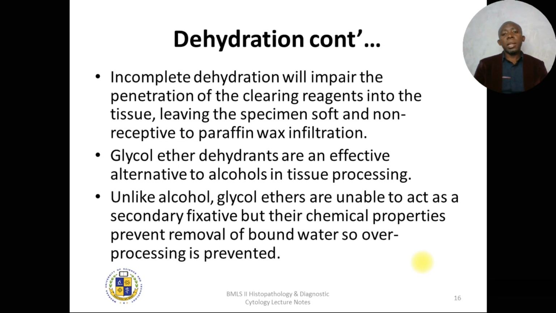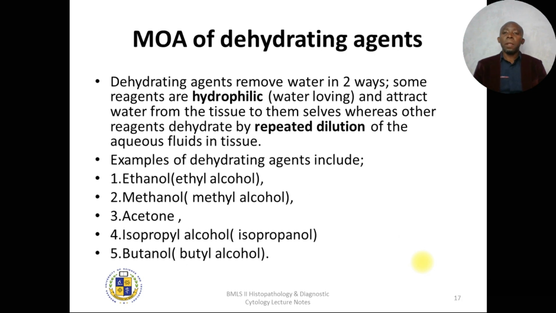Unlike alcohol, glycol ethers are unable to act as secondary fixatives, but their chemical properties prevent removal of bound water. So overprocessing is actually prevented. That's an advantage that you need to take note of, but we can learn more about it when you visit my presentation specifically on dehydration, where we see the different types of dehydrants and their different modes of action.